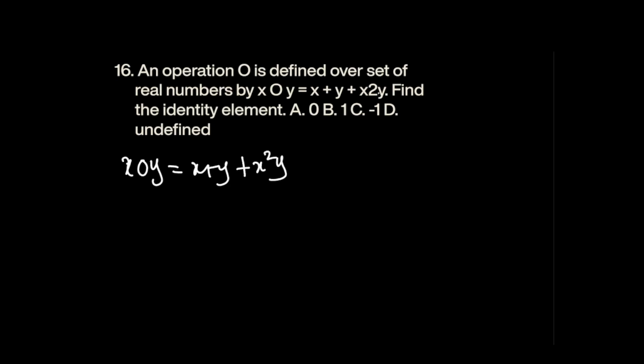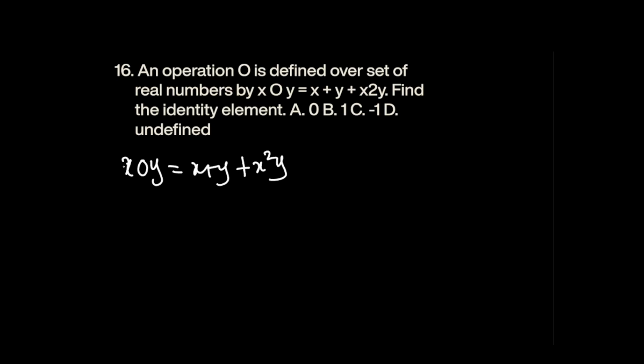Sorry, it's supposed to be x squared y, not x2. Sorry, permit me that. Operation O is defined over the set of real numbers by x operation y equal x plus y plus x square y. Find the identity element. A 0, B 1, C negative 1, D undefined.